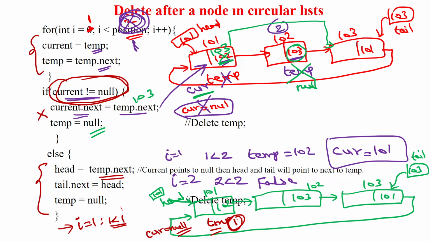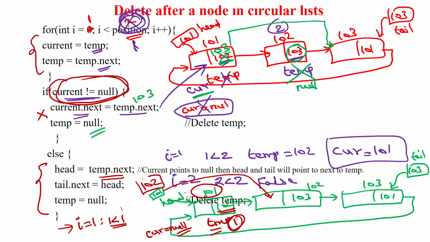Temporary dot next is 102, and 102 is assigned to head. Head was earlier 101, and now it is 102, so head is updated.